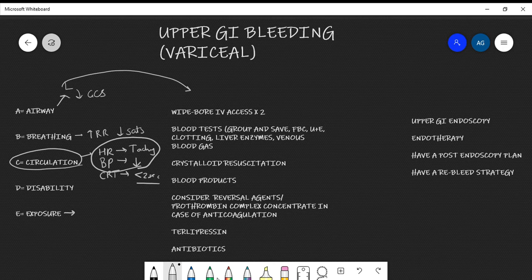And then comes the role of blood products. So you want to give blood products because in principle whatever blood they've lost, you want to replace it with blood itself. Now with regards to targets, with regards to correction of hemoglobin, hemoglobin is an important parameter that you will be monitoring, and you will need to correct the hemoglobin using red cells in case there is a fall in hemoglobin.